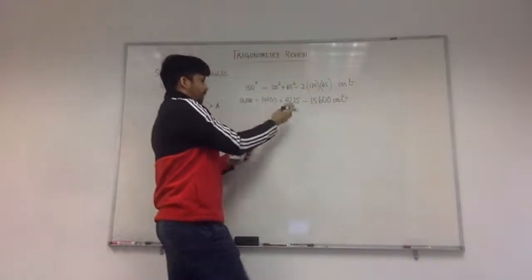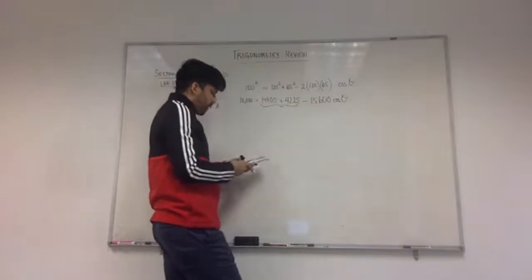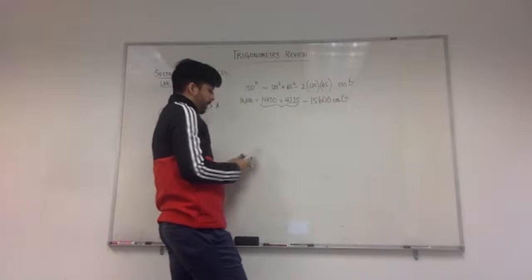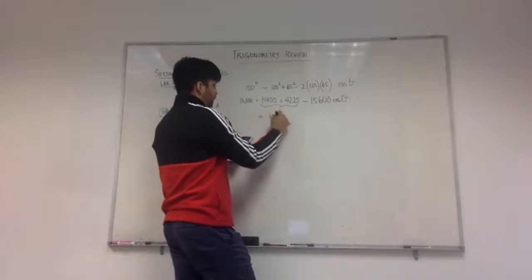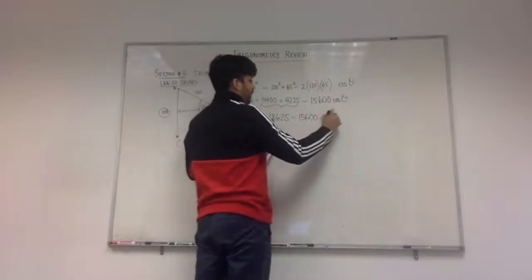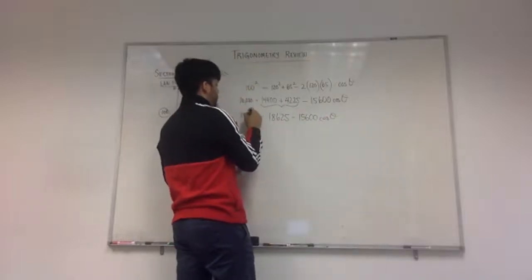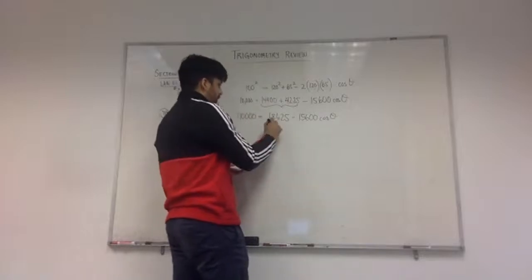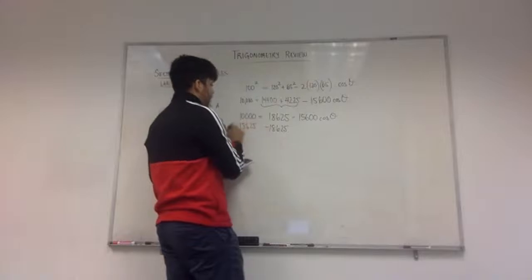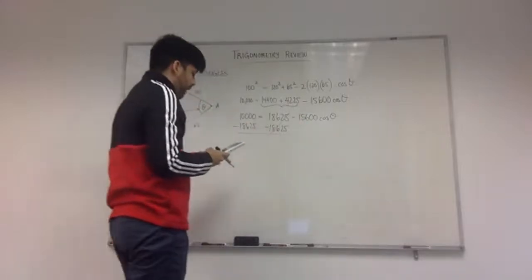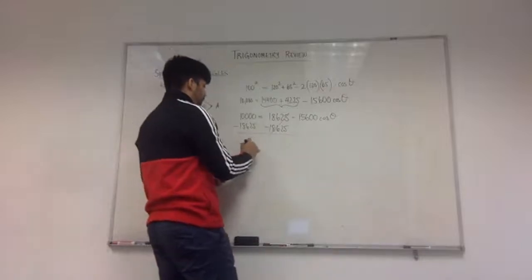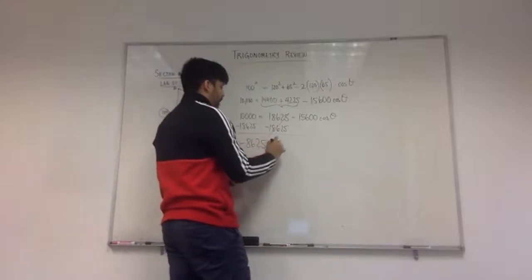And here again, it's just algebra. I have a calculator that I can utilize for the computation, and I get 18,625 minus 15,600 cosine of theta. This is 10,000. Subtract 18,625, and I get that 10,000 minus 18,625 is negative 8,625 equals negative 15,600 cosine theta.